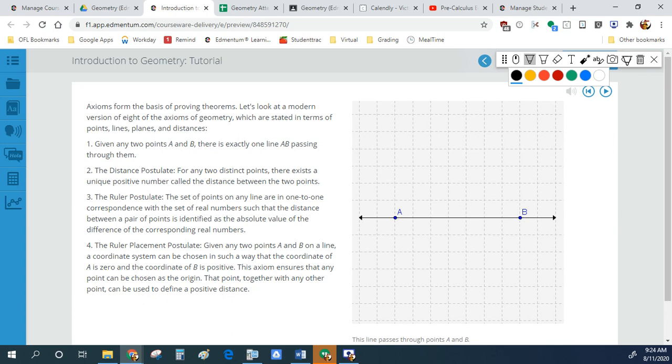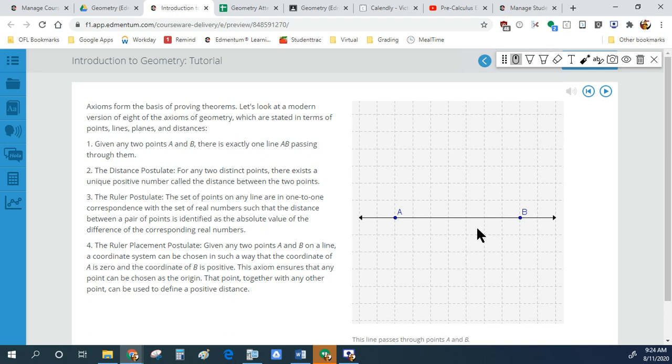I get these two mixed up because they both have ruler and postulate in there. The ruler postulate just means that everything in between has real numbers. So the ruler postulate involves real numbers.